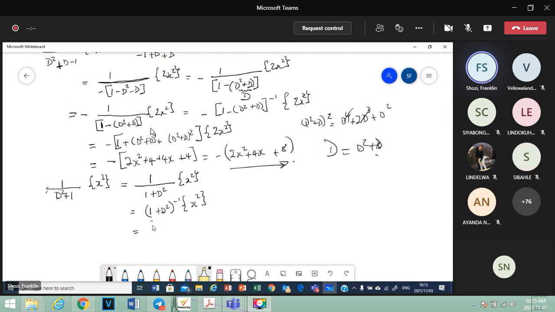What are the terms there? The terms will be 1 plus minus. Now, my d is d squared. So it's d squared, my first d to the power 1. The next one is plus, because the terms alternate, plus d squared all squared. I will have to stop there because this is to the power 2, acting on x squared. Okay?